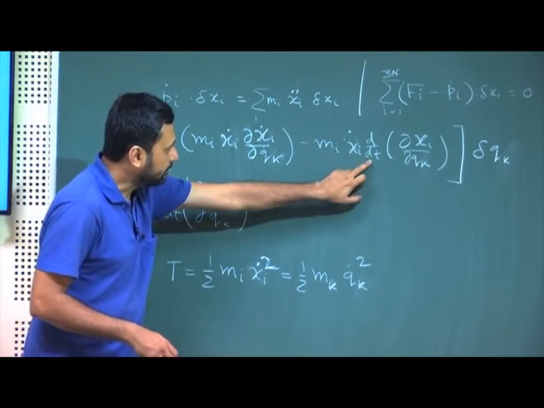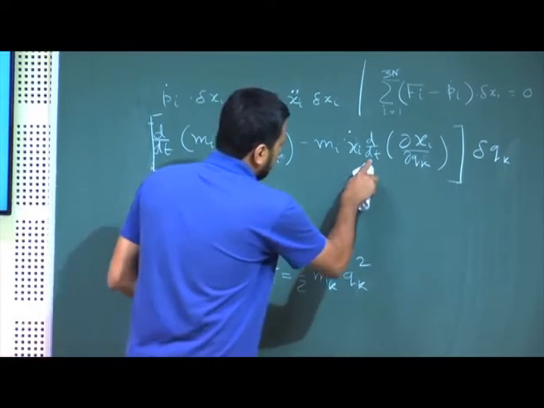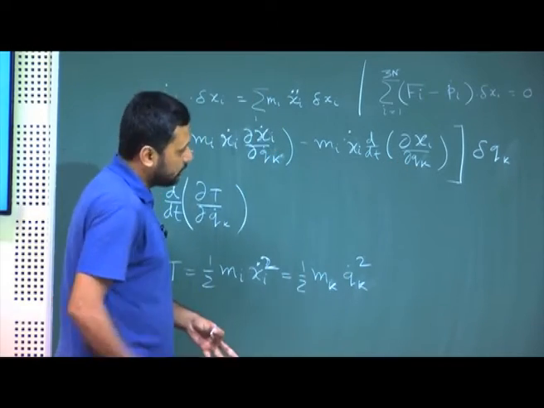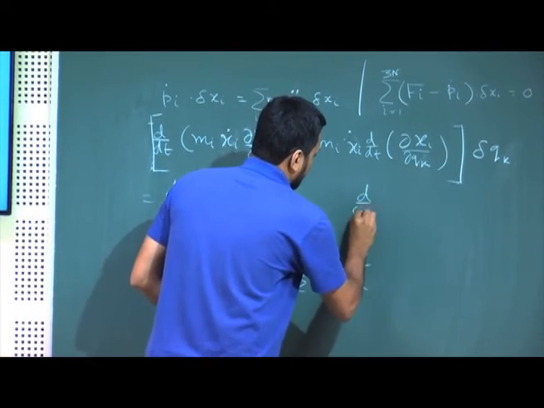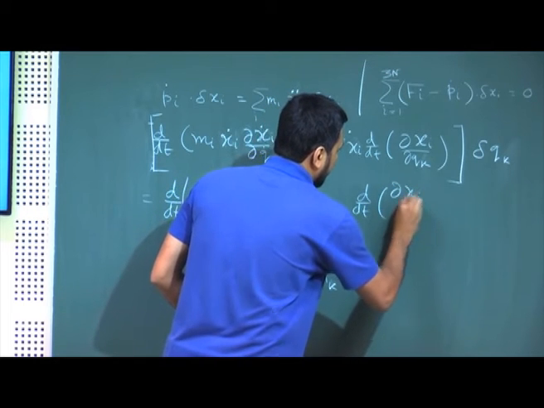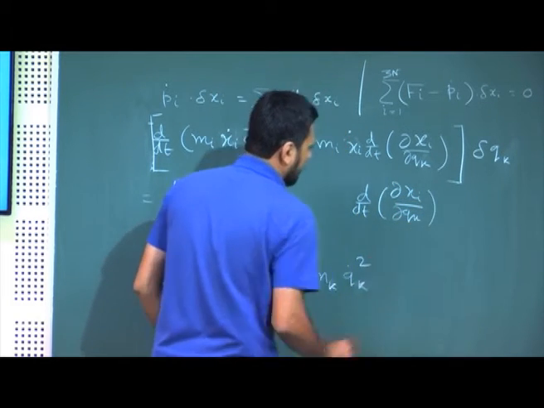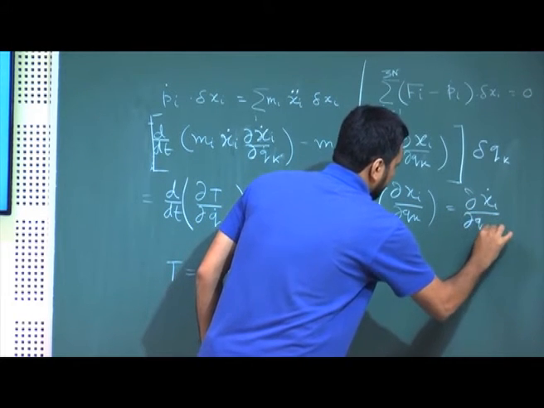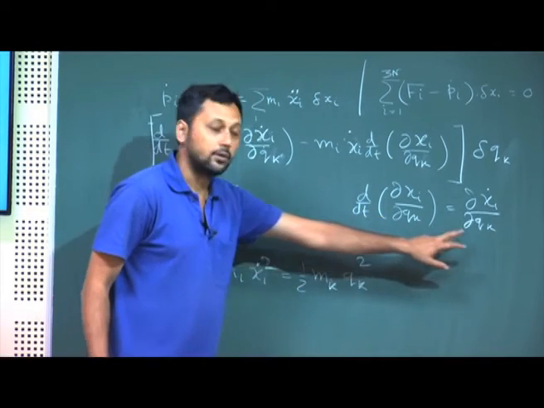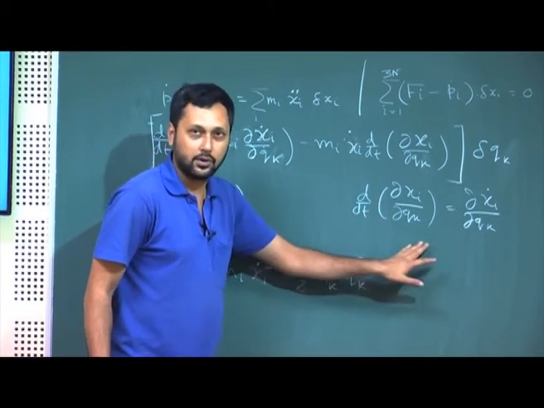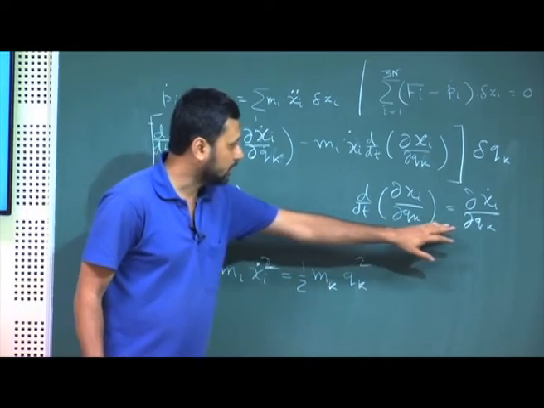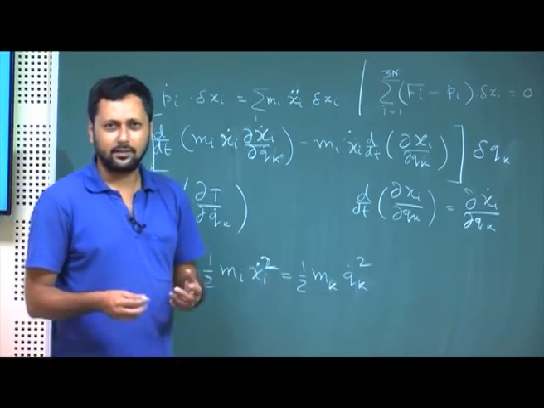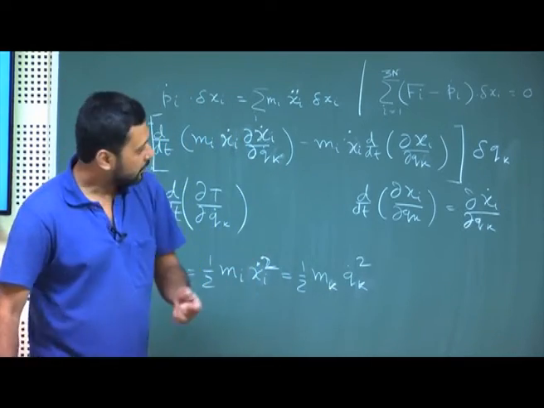For the second term, it can be shown that this ddt can be taken inside, and ddt of del xi del qk can be written as del xi dot del qk. Once again it is not very straightforward, but it can be shown in two steps. I am leaving it to you so that you can get a better grip on the subject. It is also there in any standard textbook, and these are not very difficult.